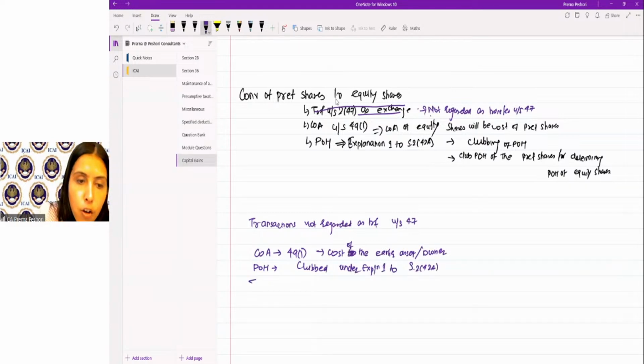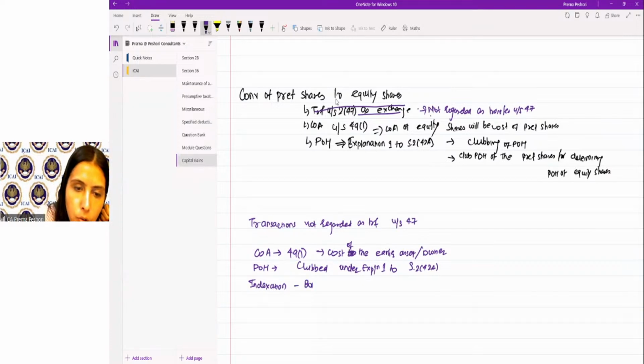For indexation, indexation will be from which year? From the year in which you hold the asset, or from the year in which the previous owner or the previous asset was held?